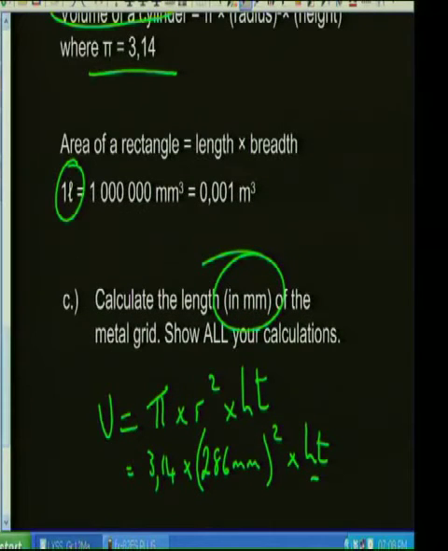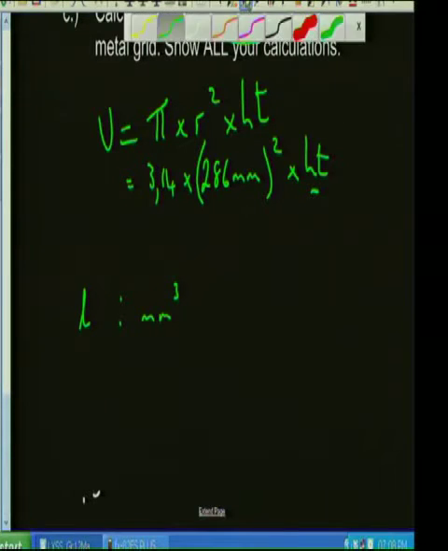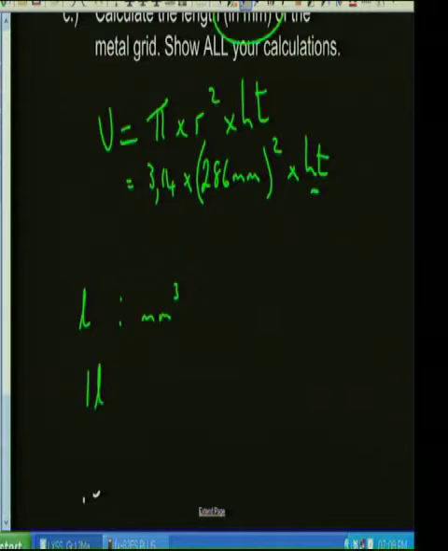I'm also given this. I'm told 1 liter is equal to 1,000,000 millimeter cubed. Let's do that. I've got liters aside and I've got millimeters cubed aside. I know that 1 liter is equal to 1,000,000 millimeters cubed.